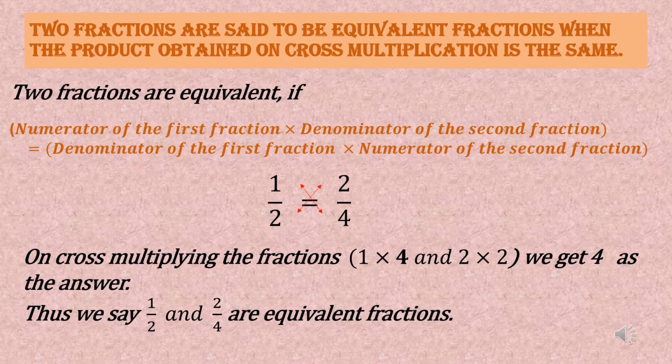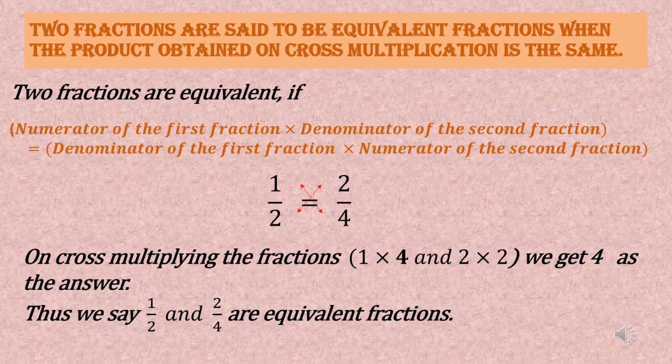Let's consider two equivalent fractions 1 by 2 and 2 by 4. Cross multiply them. Numerator of the first fraction, that is 1, into denominator of the second fraction, that is 4. So 1 into 4 is equal to denominator of the first, that is 2, into numerator of the second, that is also 2.